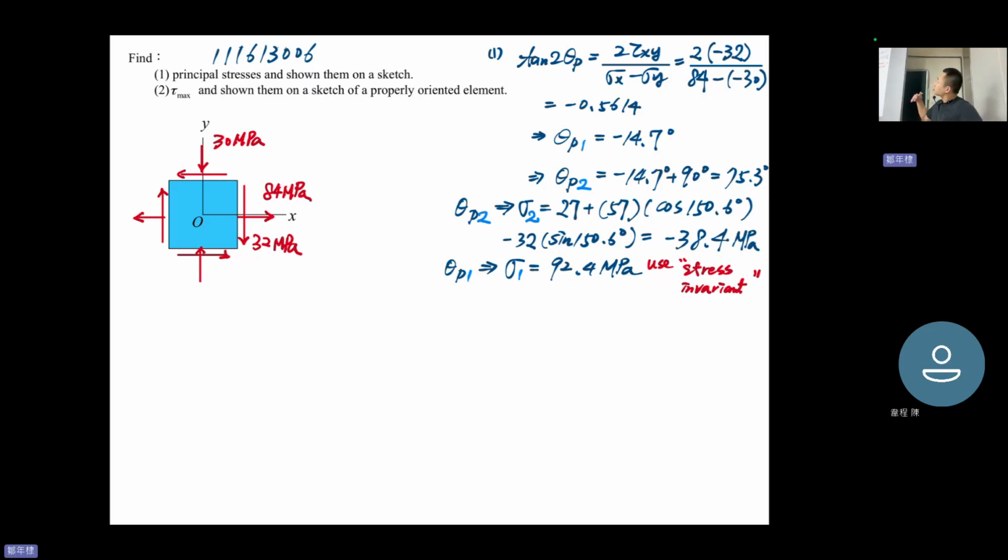So now we sort of know what theta P1, theta P2, sigma 1 and sigma 2 are. So we are ready to draw.